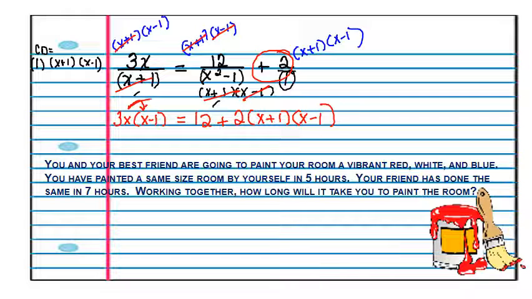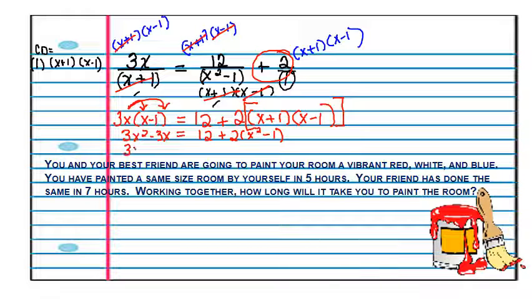Okay, let's distribute. So this is going to give us a 3x² minus a 3x. Starting to look a little quadratic. 12 plus, I'm not going to do the 2 yet here because I'm going to FOIL these guys out, which we know equals x² minus 1, that little difference of two squares, that little 2-second problem.